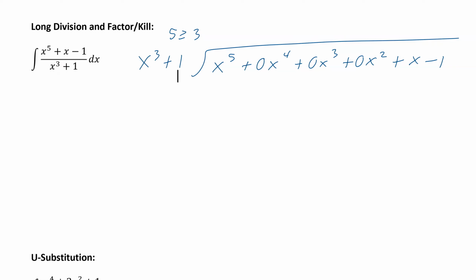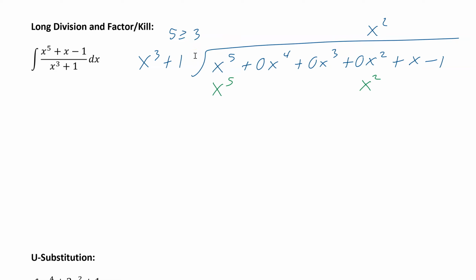You could put in the 0x squared and 0x in here, but we're just going to leave it this way. All right, degree 3 means we count in 4: 1, 2, 3, 4. So we're multiplying by x squared, and x squared times x cubed is x to the 5th. That checks perfectly. Then we continue. The next one would be times 1, so that would be x squared.